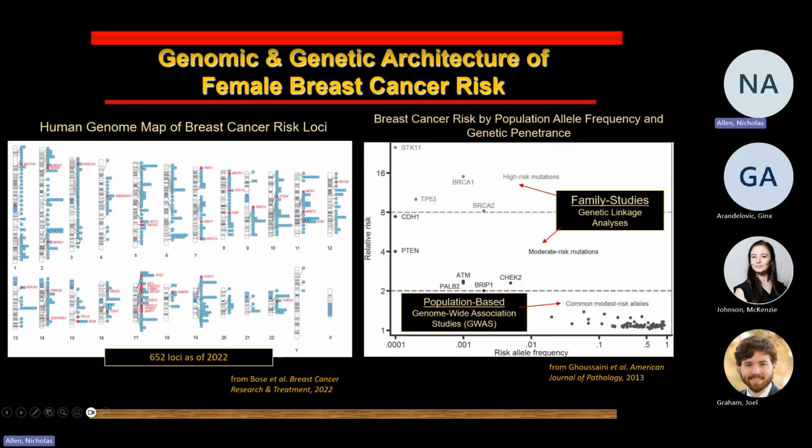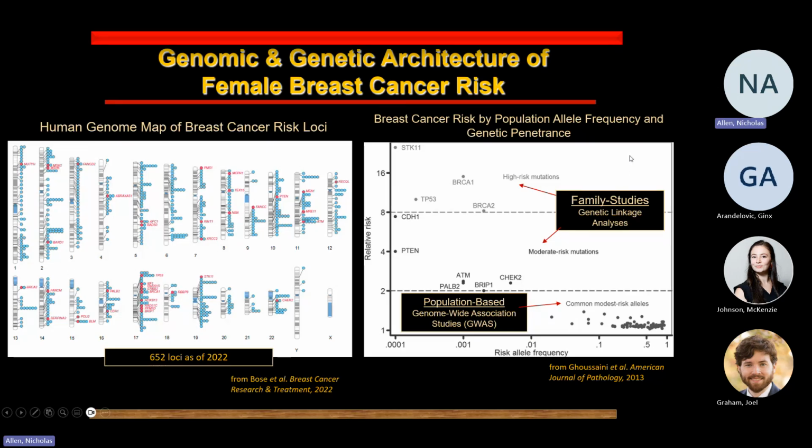The red ones are the high penetrance but rare in the population. And the blue ones are all these non-coding variants I'm talking about that are dispersed across the human genome. So these are the locations of interest.